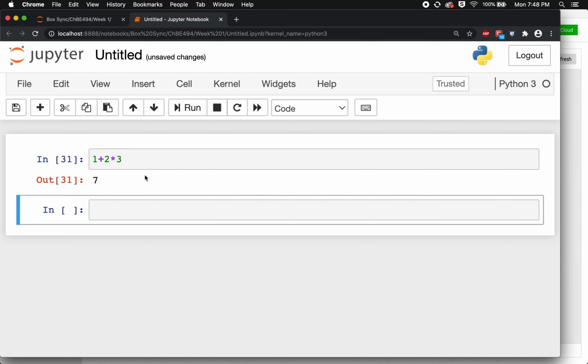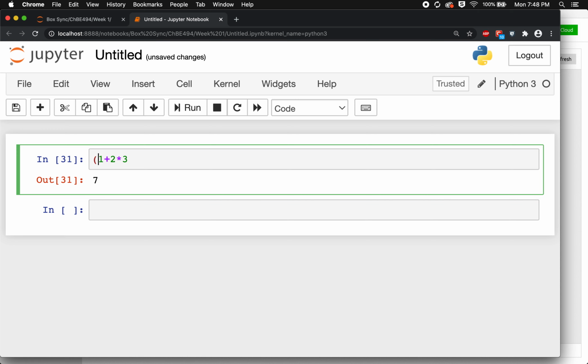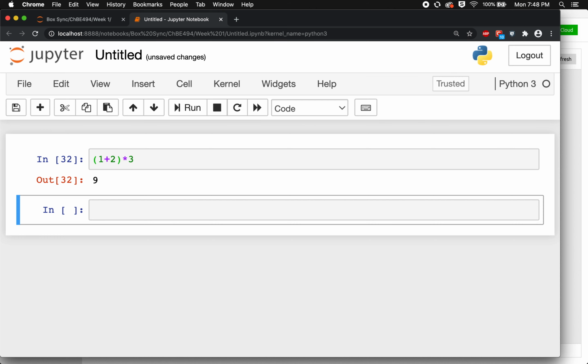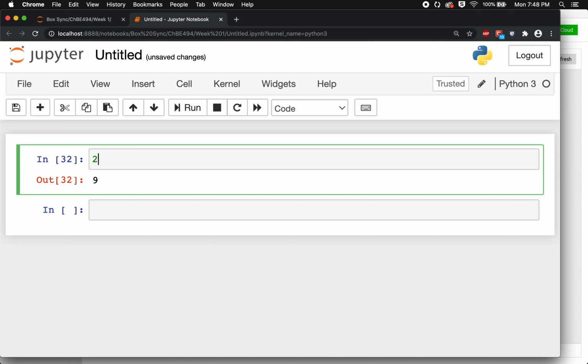Now if I want to force an operation, I can always use parentheses. So if I want that 1 plus 2 to be evaluated first, I can put parentheses around it and then multiply it by 3, and then I'm going to get 9. Same with the power operator. So if I have 2 times 3 to the power 2, the way Python's going to do it is it's first going to evaluate the exponential.